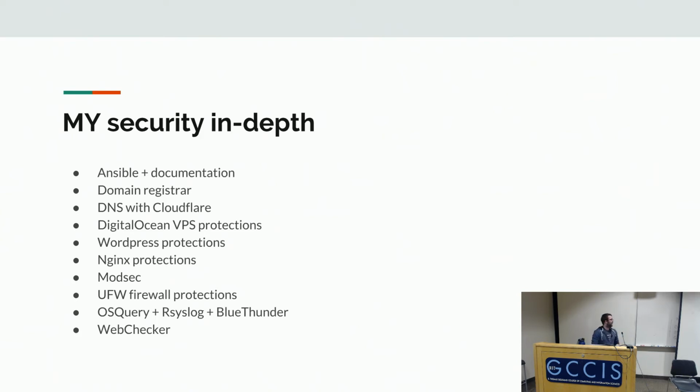I use Cloudflare for DNS, protections for my VPS, my virtual private server, protections at my WordPress instance, and protections at the Nginx level, using a WAF, an open web application firewall implemented by BondSec. I use firewall protections, I use OSQuery for monitoring, and I use this custom script. I use all these different things to monitor my box for detection and prevention.